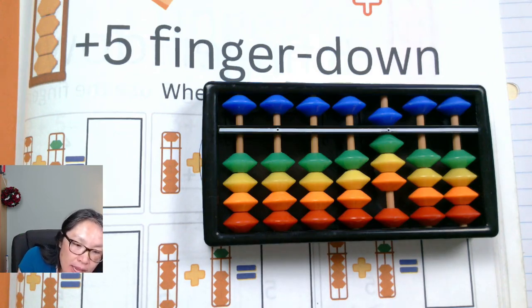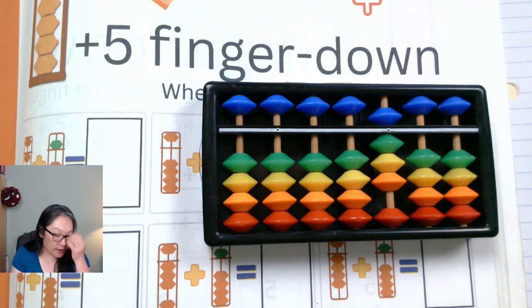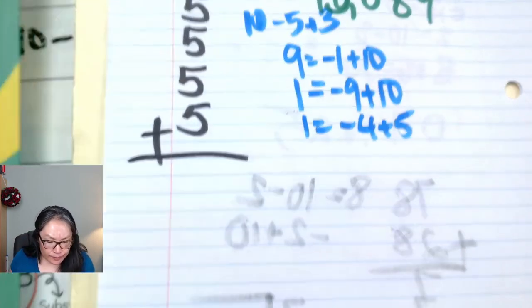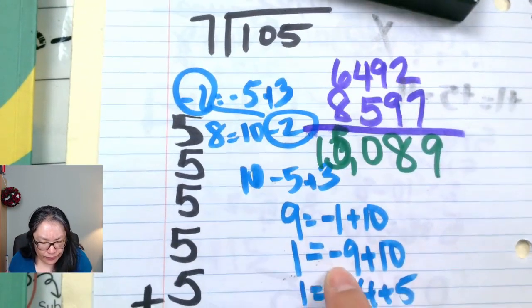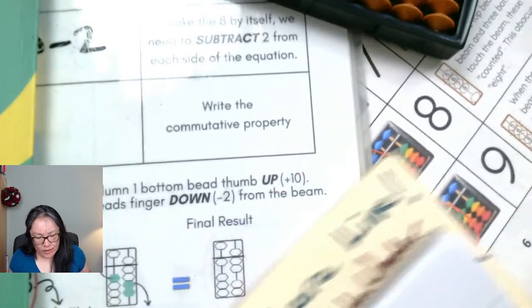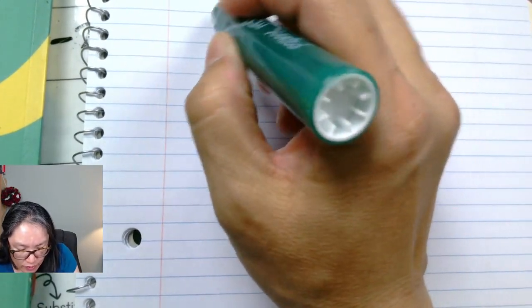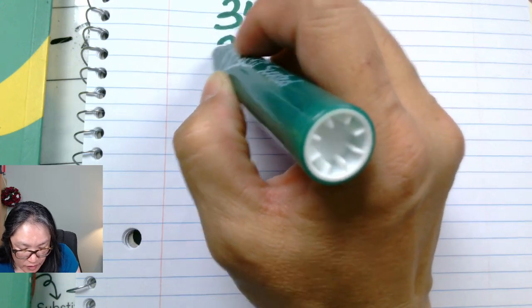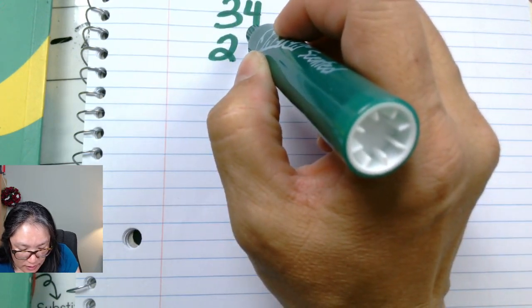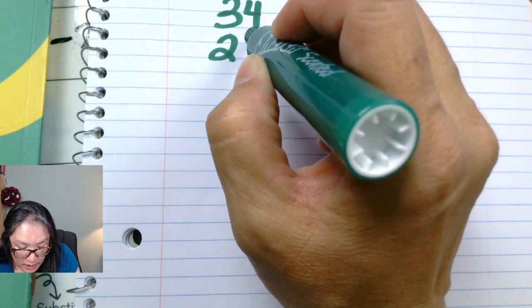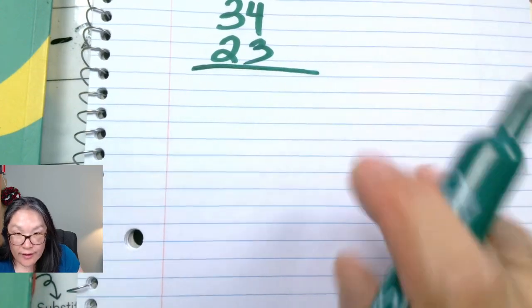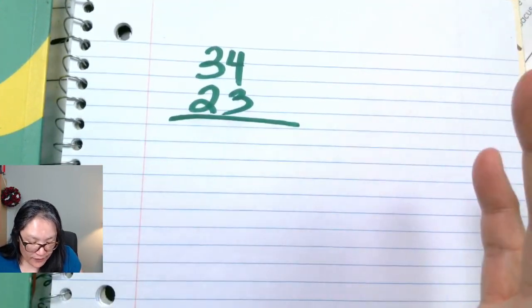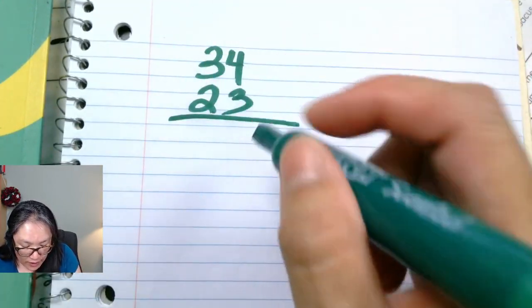The interesting thing is that in new math, there's a lot of writing. There was a teacher talking about how we do 34 plus 23. For us, we know how to do this.